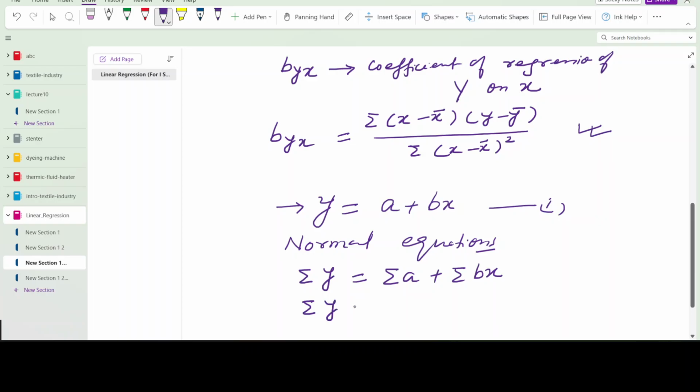As we know, this sigma is from 1 to n, so a will be written n times, like a plus a plus a. So this will become na. b is constant, so it will come out of sigma.